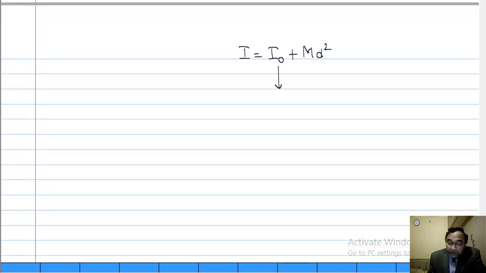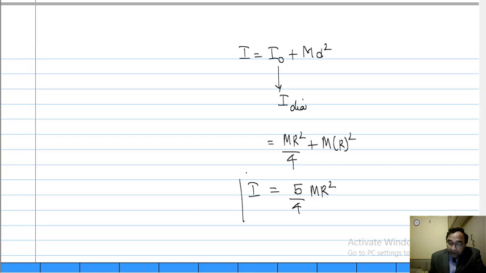So here, what is I naught? I naught is nothing but the central axis, that is the diameter. The diameter is acting as I naught here, and it is m r square by 4, plus m times the square of the distance. So this is 5 by 4 m r square.